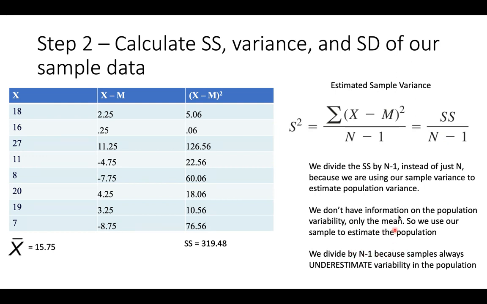Because we're using a sample variance, we will always underestimate the variability in the population if we were to just use sum of squares divided by n. Because I only have 8 participants, we recognize that this variability of my 8 psychology majors is not a perfect representation of the population, right? This is just 8 psychology majors.